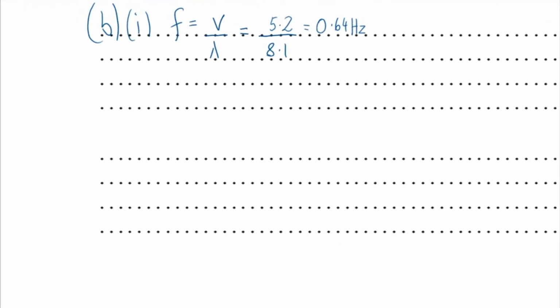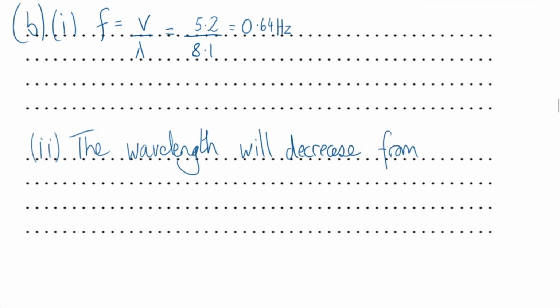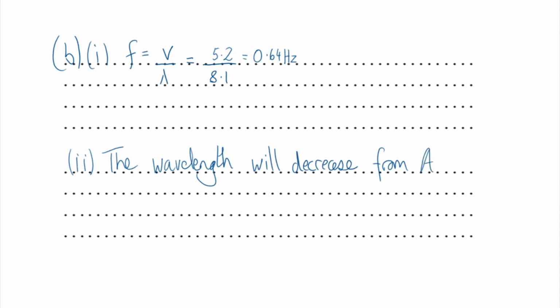So I'll do B part 2 just here. The wavelength will decrease from A to B. Because, as you've always been taught, the because is used to give the reason.